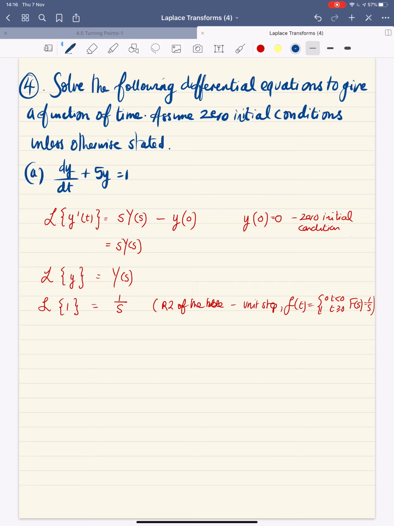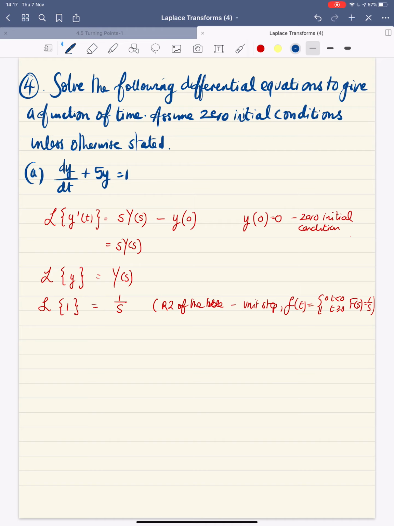Right, 4a. Solve the following differential equations to give a function of time. Assume 0 initial conditions, so that means y of 0 is 0, y dashed of 0 is 0, etc., unless otherwise stated. In part A, we've got dy by dt plus 5y is 1.